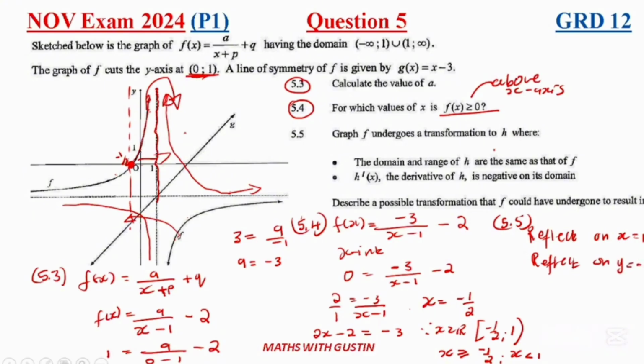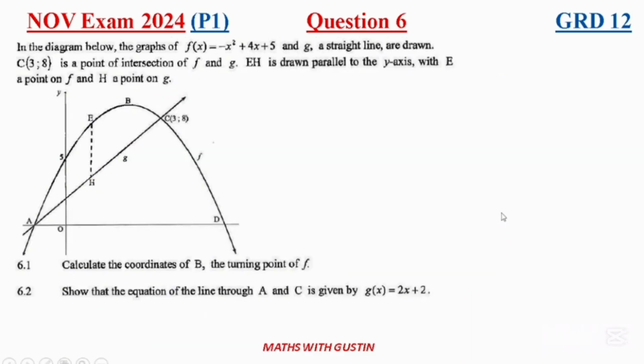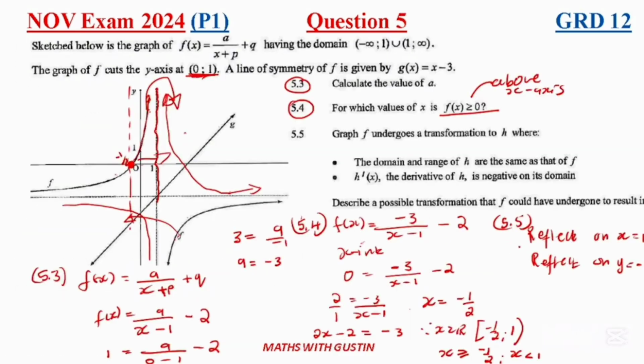So the lines of asymptotes will remain the same, everything else remains the same. But however, it means that our a value in this case is negative, and the negative is going to become positive. So the only thing that they did, they just reflected all this along the lines of asymptotes.